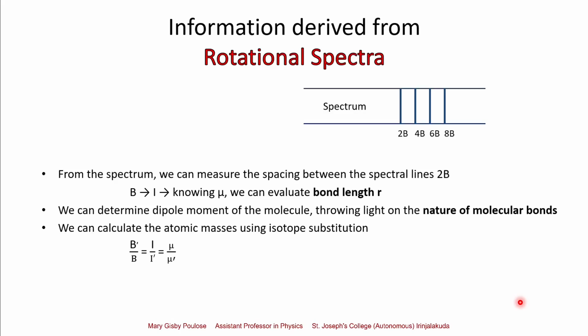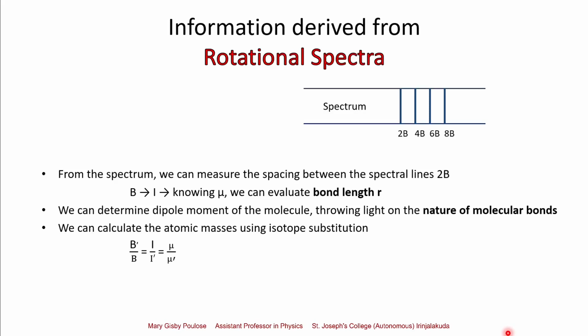We have the relation, where the primes are given for the readings of the isotope. That is, B prime by B is equal to I by I prime, that is equal to mu by mu prime. So, if we have the rotational spectra of the actual molecule, and the rotational spectra of the isotope substituted molecule, from the first spectrum we get B from the 2B spacing, and from the second spectrum we get B prime from the 2B prime spacing.